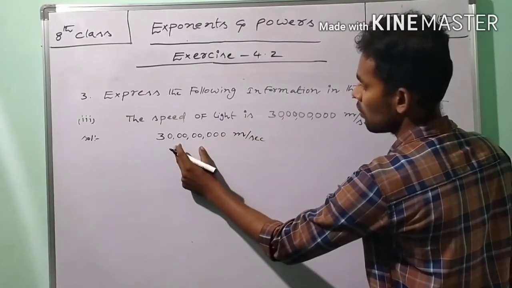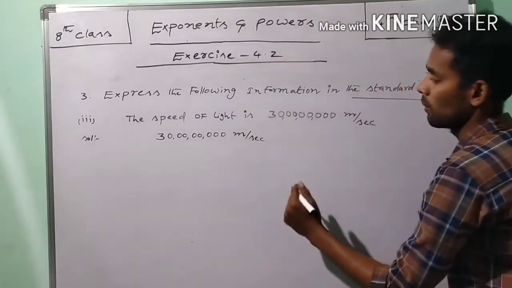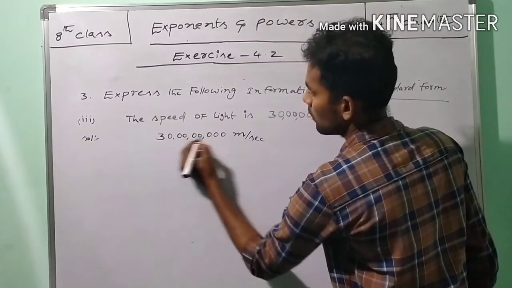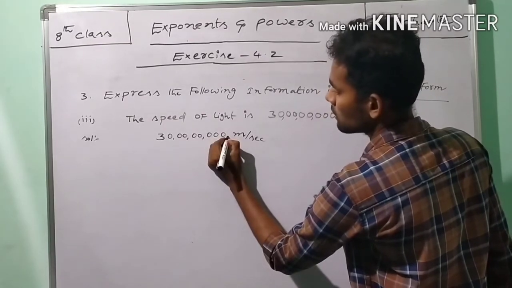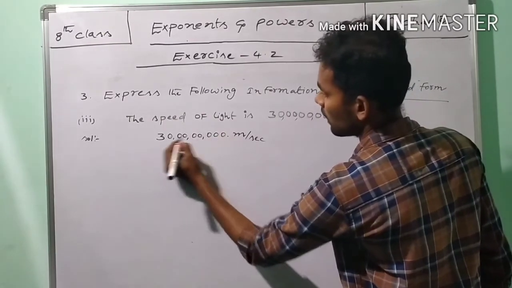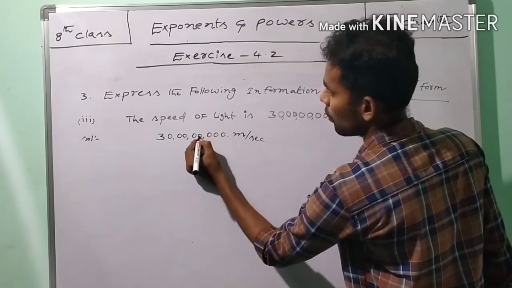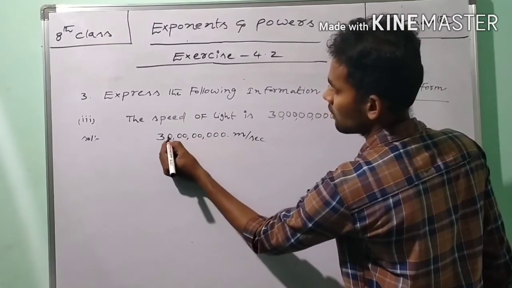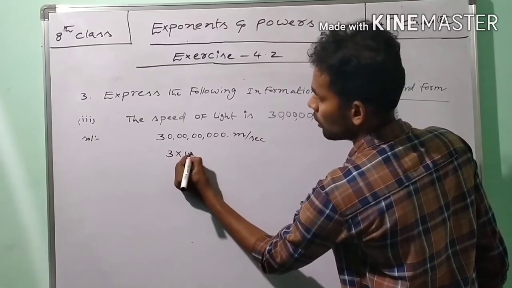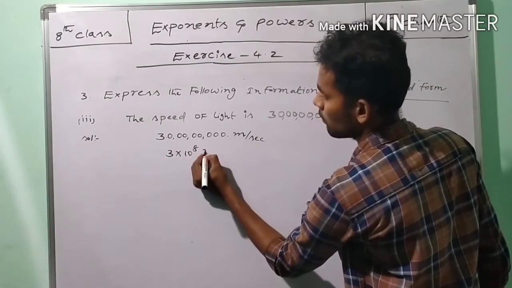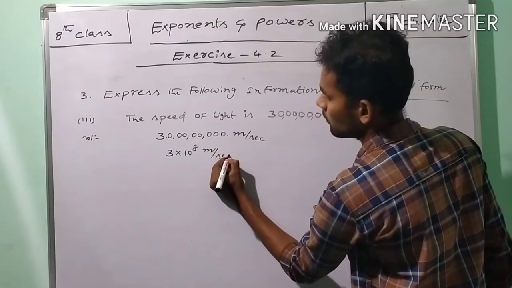This is usual form. Convert to standard form. Decimal point here. Shift how many places towards the left side? 1, 2, 3, 4, 5, 6, 7, 8. So 3 into 10 to the power of 8 meter by second.